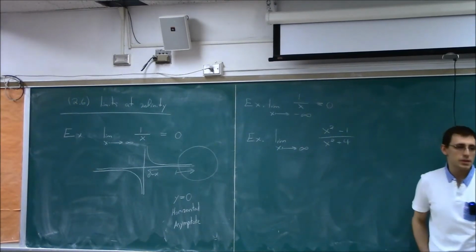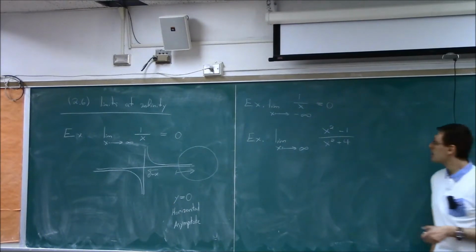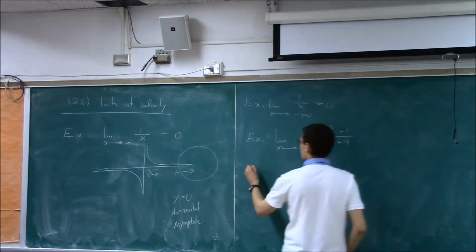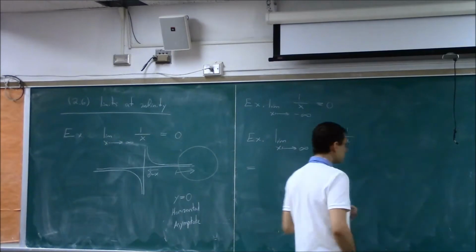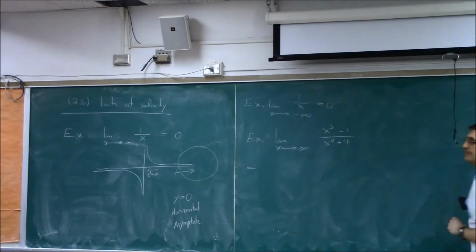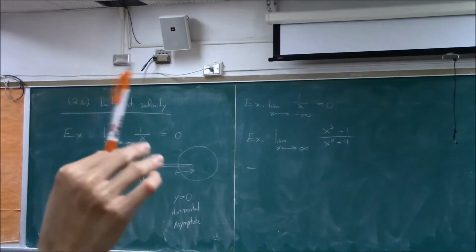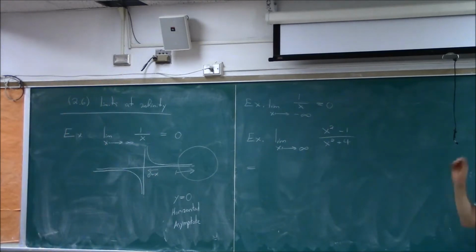And of course, try to say why. So when x is approaching infinity, the number behind the x squared doesn't really matter right now. So I would say the limit is 1.